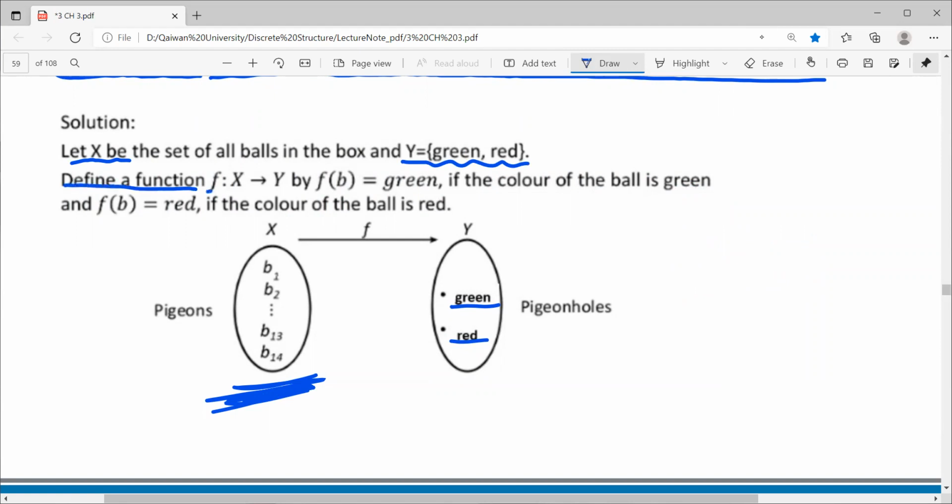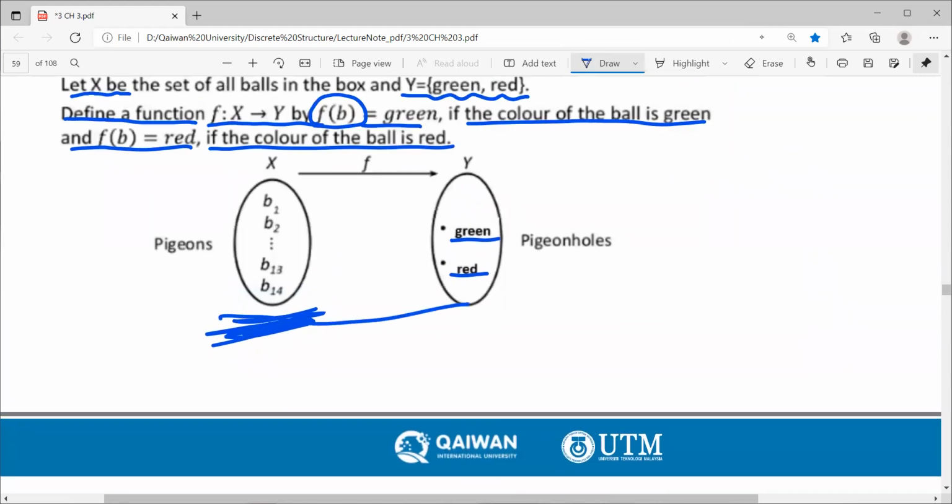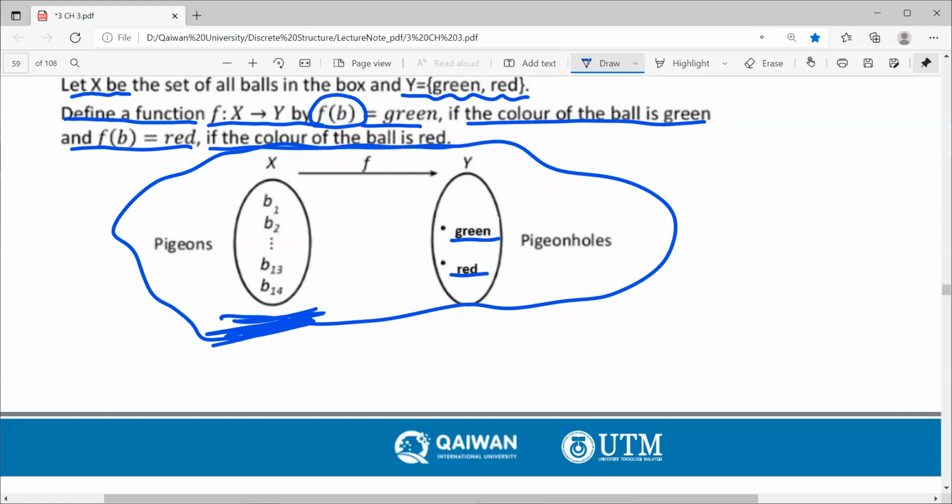We define a function f from X to Y by f of b, the image of each ball, is either green or red. F of b is green if the color is green, and f of b is red if the color is red. This is the function that we defined.